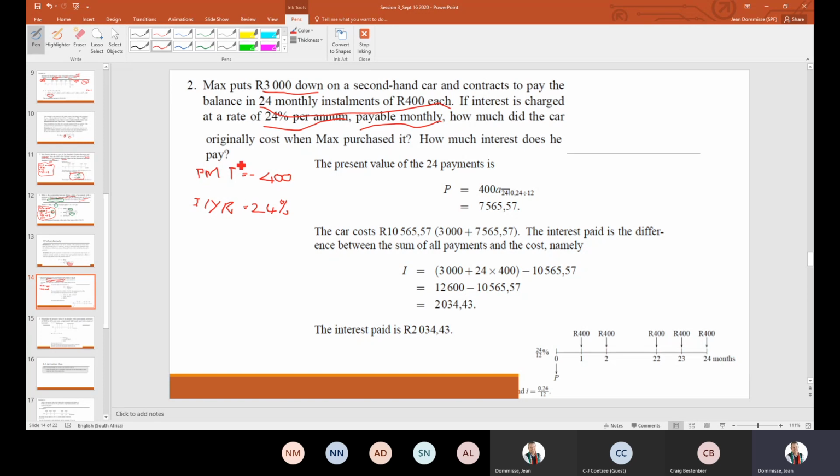How much did the car originally cost? Okay, so first we are going to work out the present value of those installments.